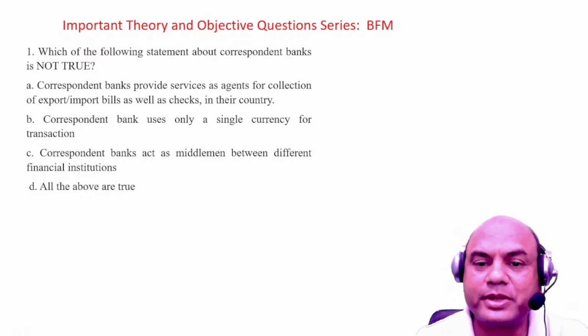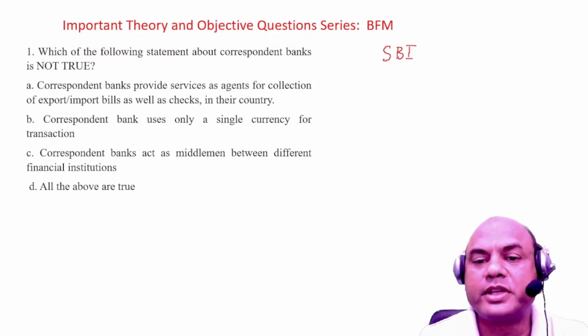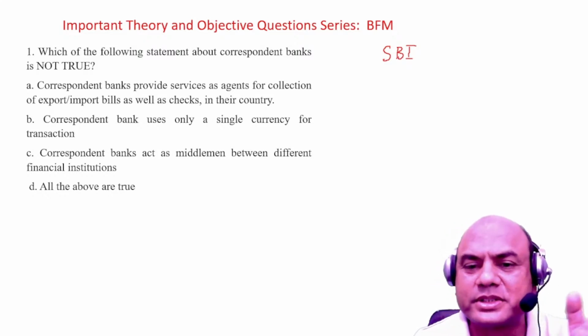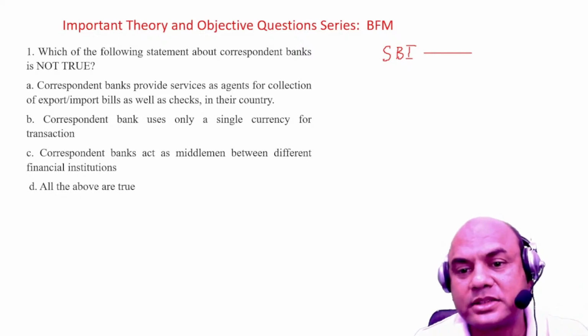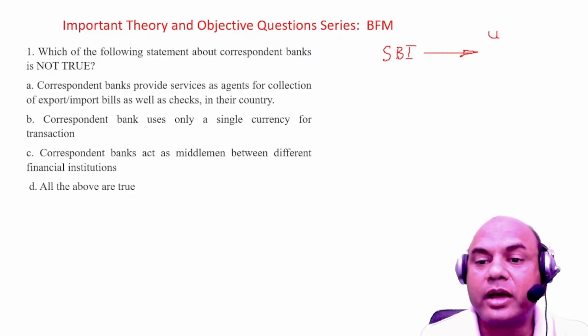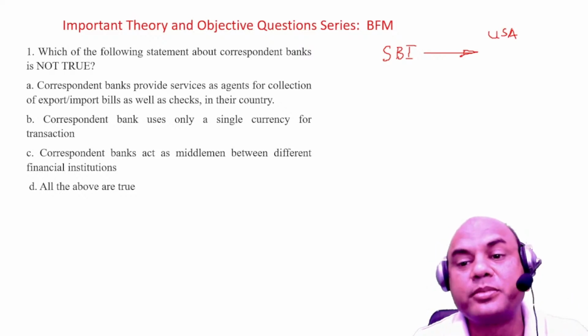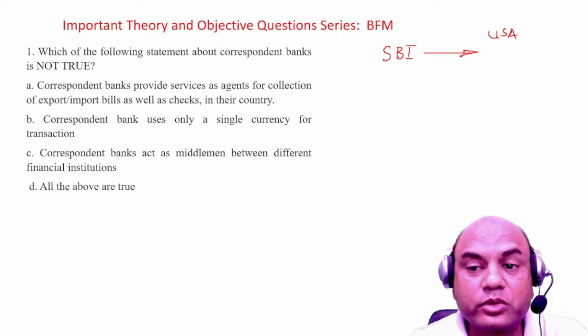For example, suppose SBI is in India. Now, if SBI wants to do some transaction in some other country, let's say USA. I know SBI has a branch in New York also, but I'm assuming SBI does not have a branch in USA but wants to do the transaction there.